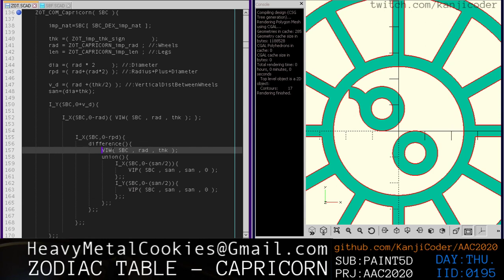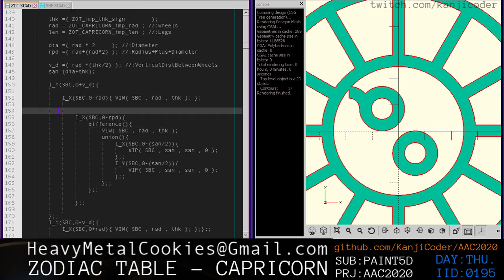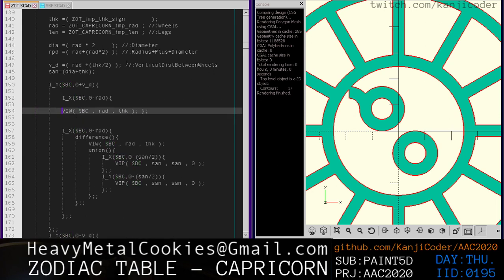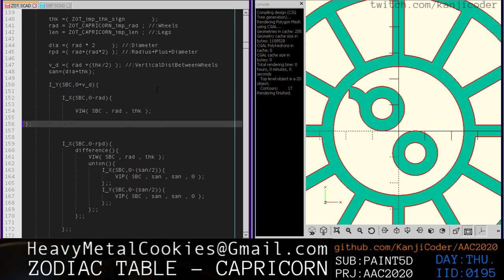So this wheel right here is that little tip thing, right? So hold on. So this one, top of the N. Okay, so this is the top of the N.